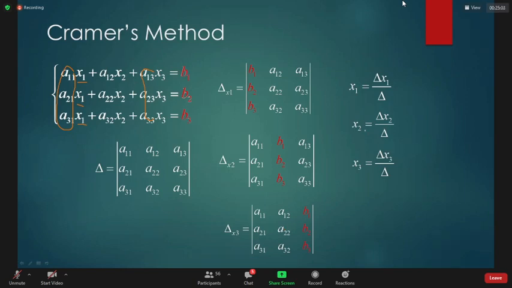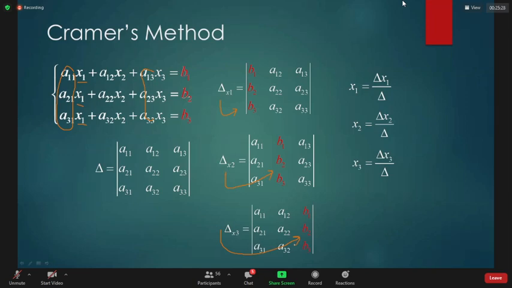So it's always the corresponding determinant where the column of the coefficients of the relevant variable is replaced by the B column, always that, and that determinant is divided by the regular normal system determinant.